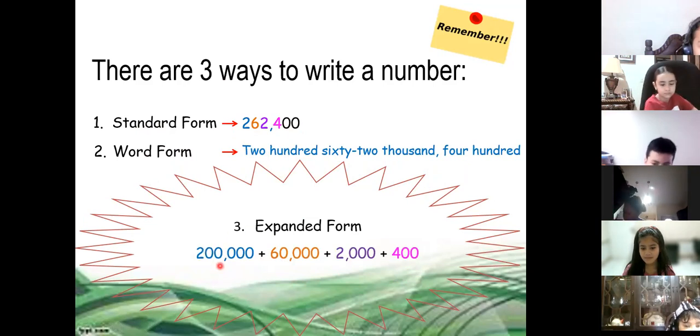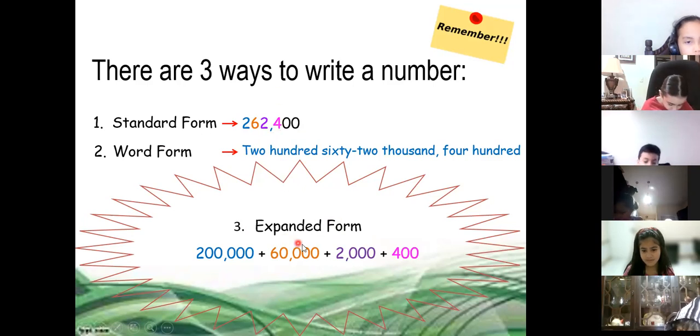You are writing the number according to the value in the place value chart. The value of this number 2 is 200,000. The value of number 6 is 60,000. Number 2, according to its position, is 2,000. And number 4 is 400 because it's located on the hundreds.